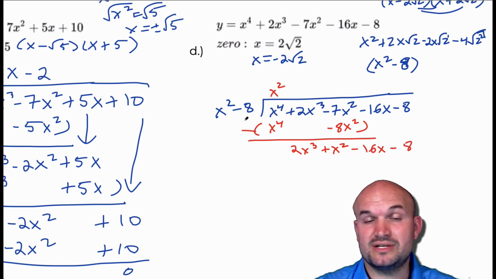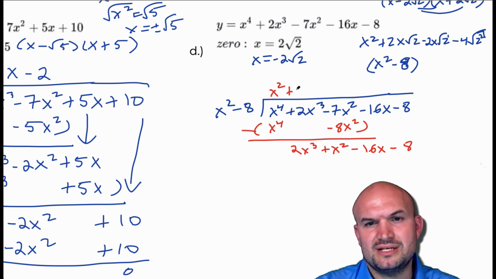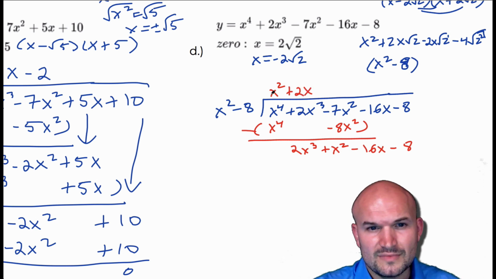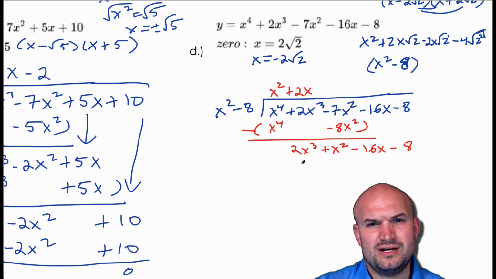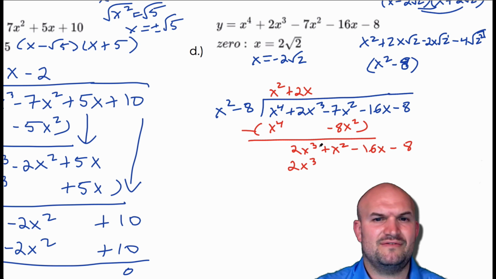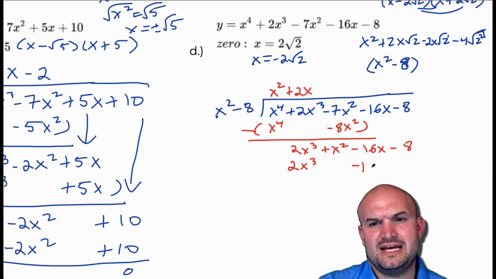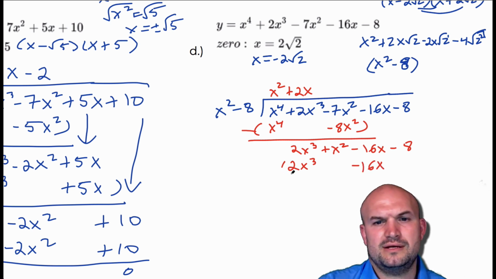All right, so now let's do it again. x squared divides into 2x cubed 2x times. 2x times x squared is 2x cubed. 2x times negative 8 is negative 16x. Then let's subtract the rows.